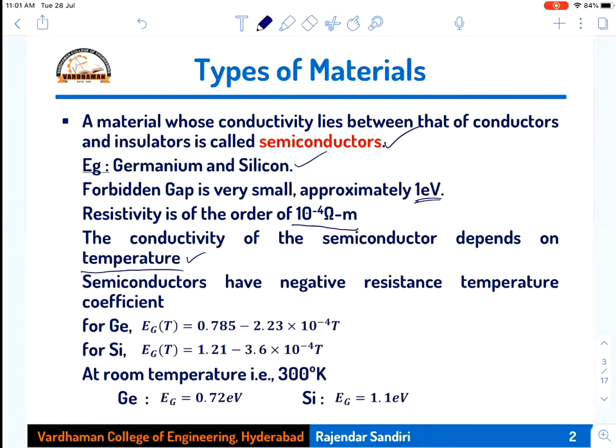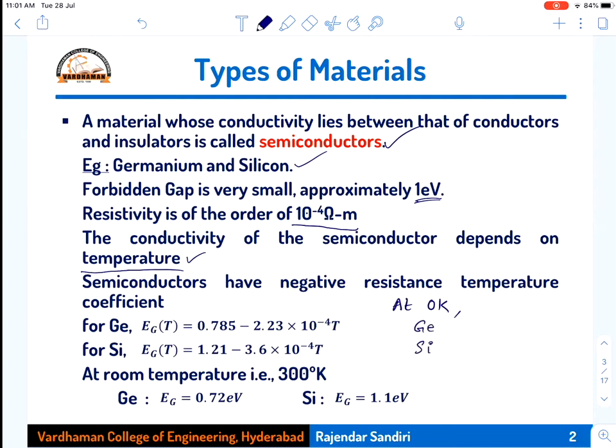If the conductivity depends on the temperature, then how does the energy gap vary? There is an experimental formula for it. Let us see at 0 Kelvin the energy gap for germanium and silicon.